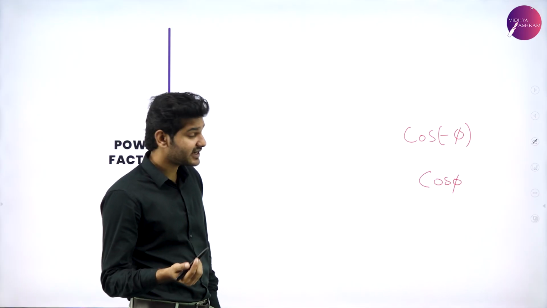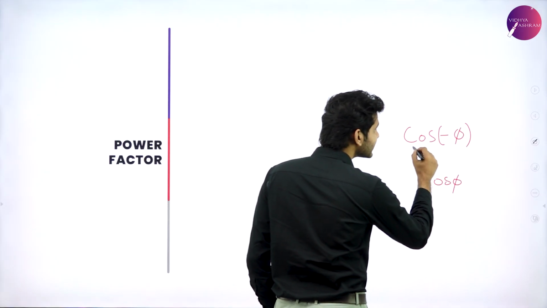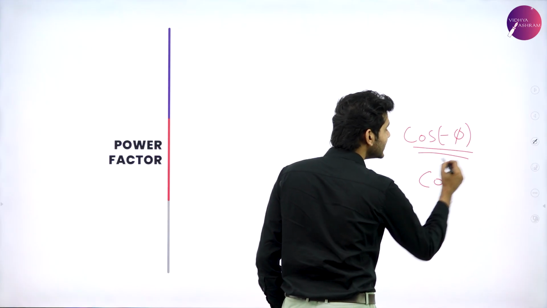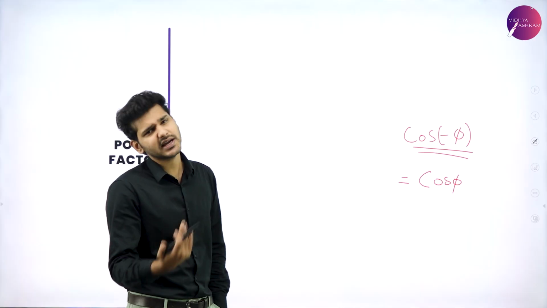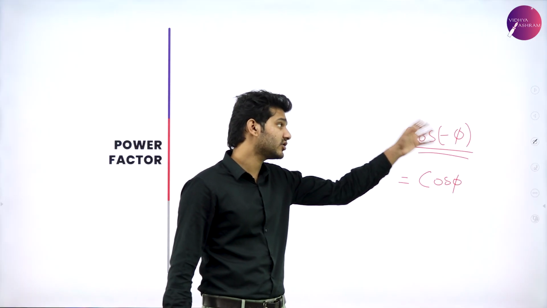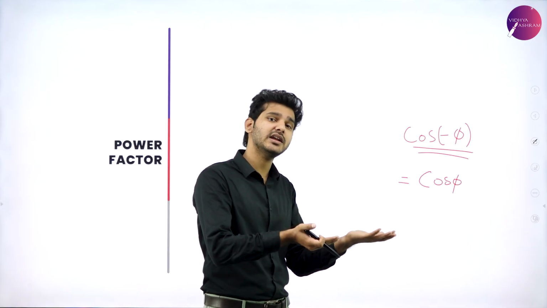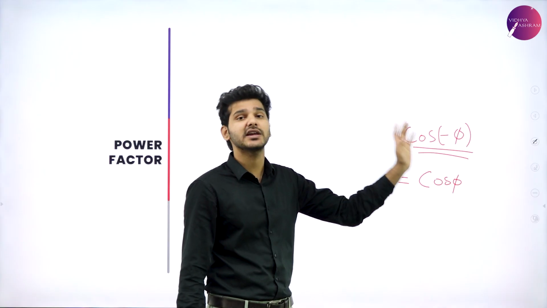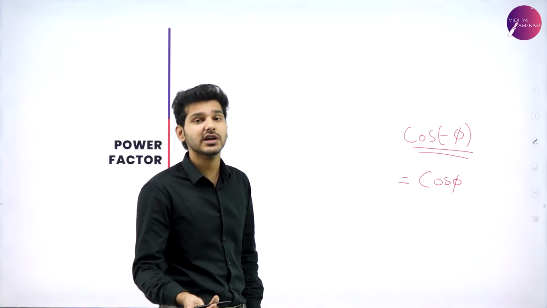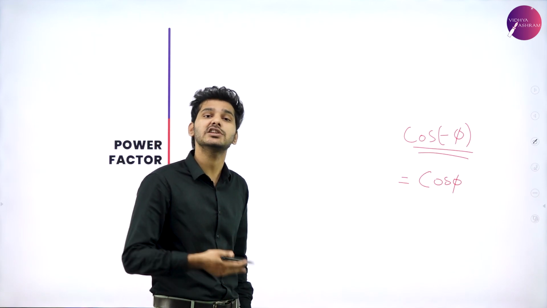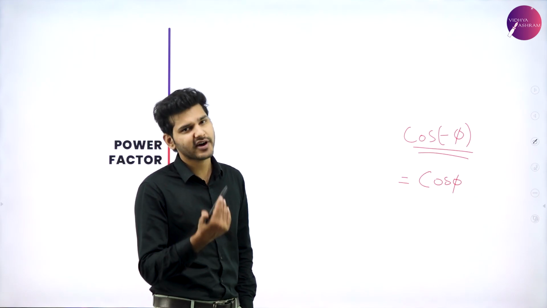The simple explanation is that cos minus theta is actually equal to cos theta. That is why we never considered the negative sign. Even though the negative sign is taken outside, later I disregarded it. Cos of minus theta is equal to cos theta. That is why in the average power equation, it is just Vrms into Irms into cos phi.